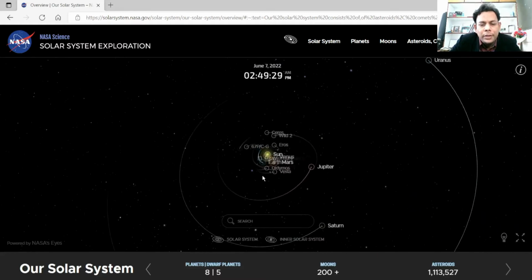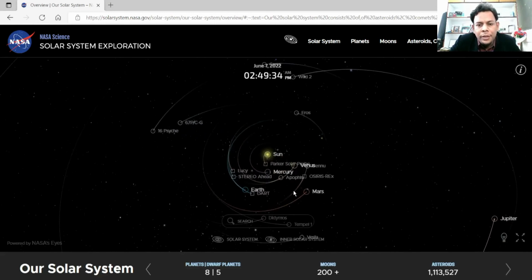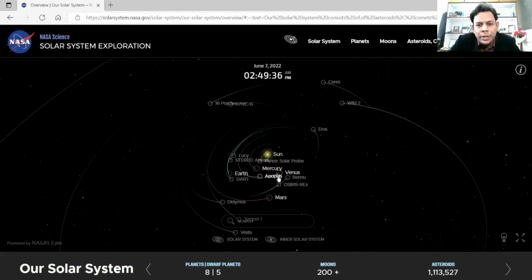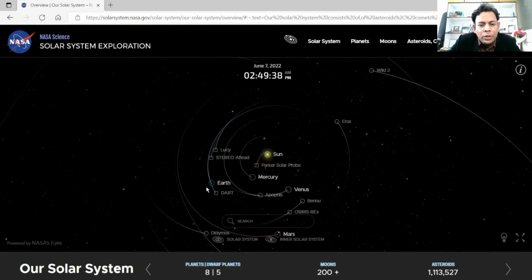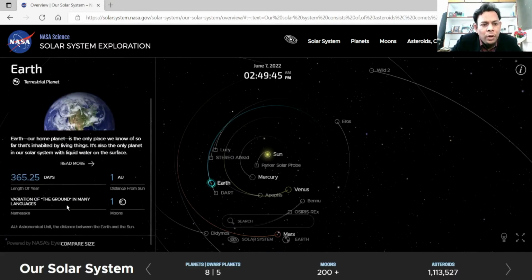Over here you can see the exact position of every planet which you are looking for. Just in case I want to show the Earth, the Earth is here. Once you click on this, it gives the properties of the planet which you are looking for.